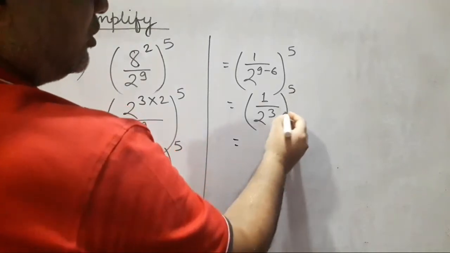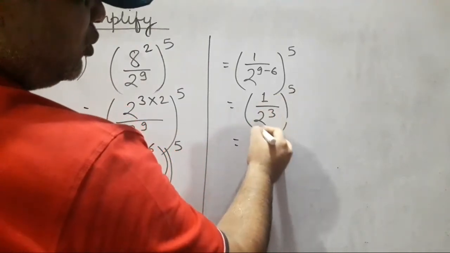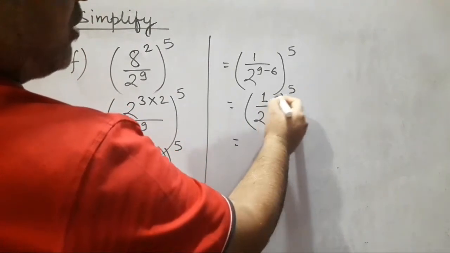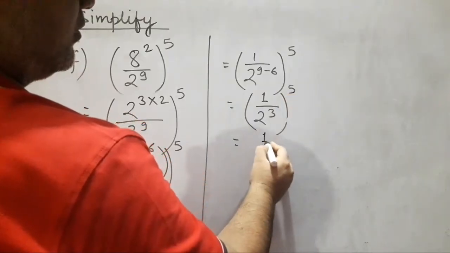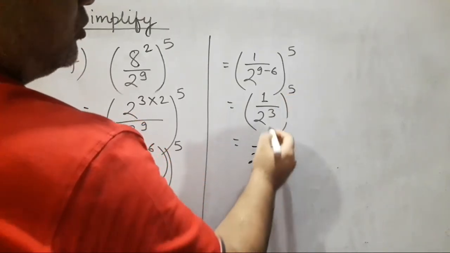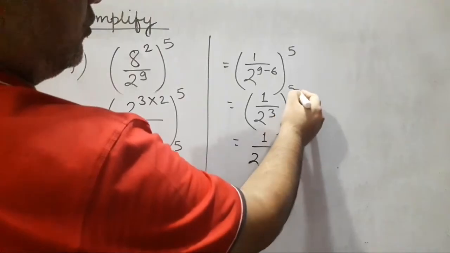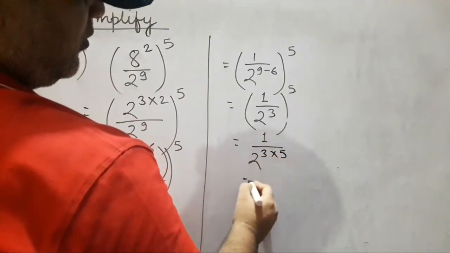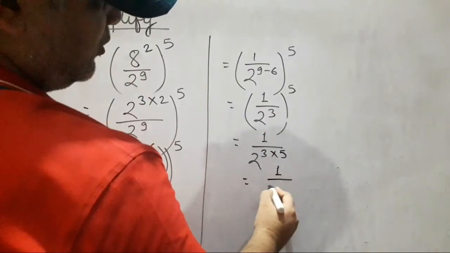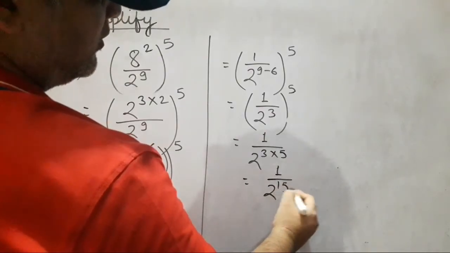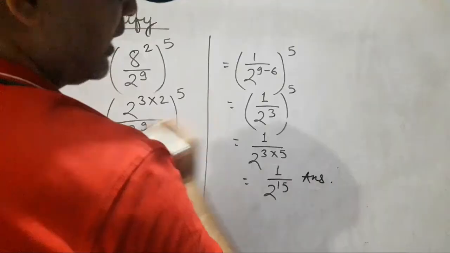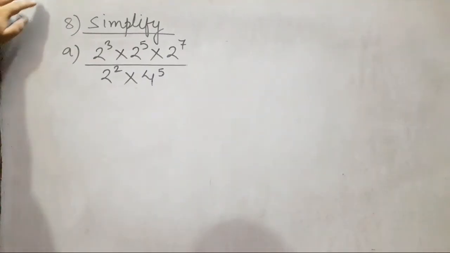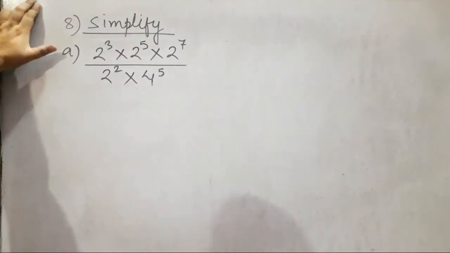This 5 belongs to 1 as well as 2 power 3. So 1 power 5, 1 by 2 power 3 into 5. So 1 by 2 power 15. This is our answer. Question number 8, simplify.